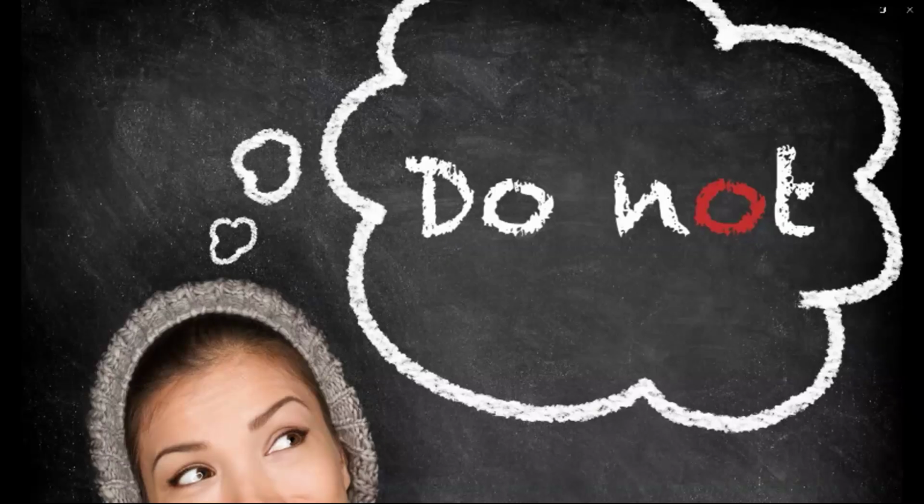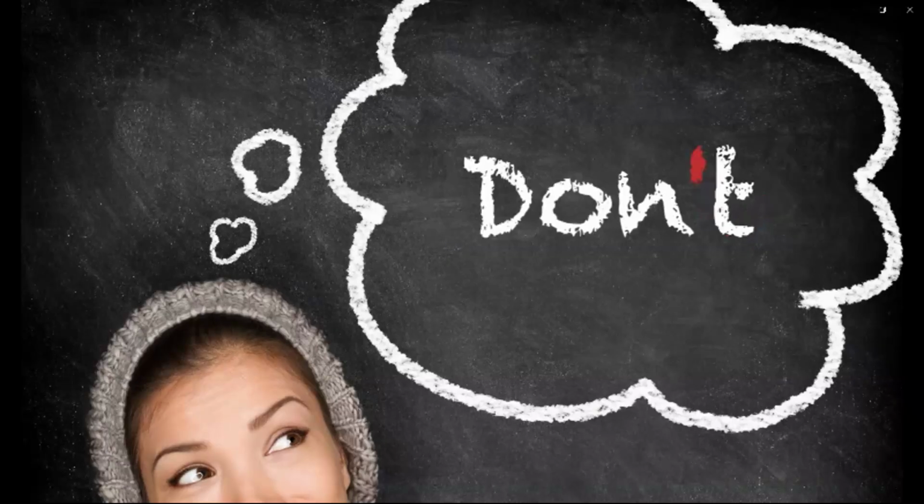Here we have the words do not. We want to make do not sound less formal, so we shorten the word to don't. We push the 2 words together, take out the letter O in not, and put an apostrophe in place of the O. Do not becomes don't. The apostrophe shows the reader that a letter is missing.